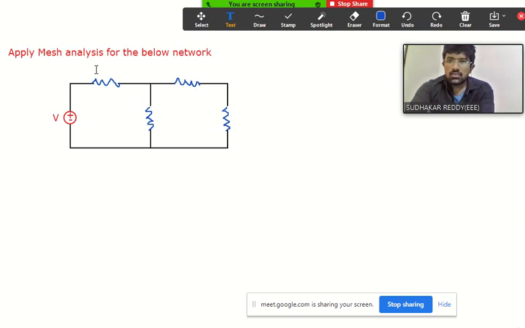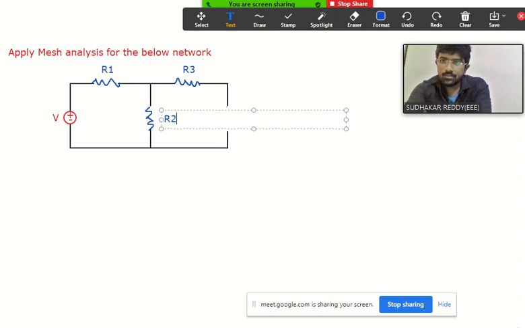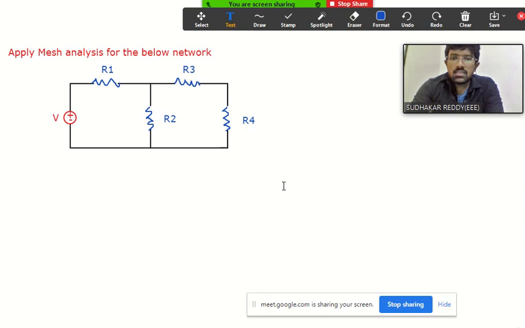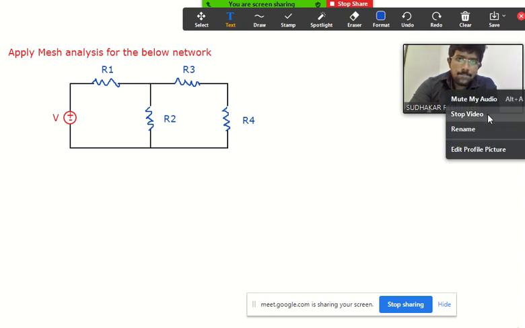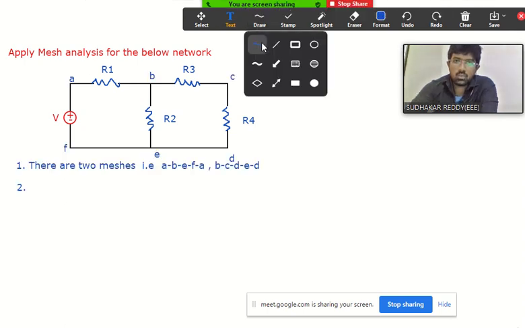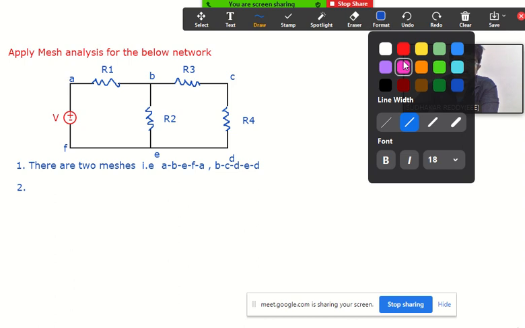So consider this resistance value as R1. This is R3. This is R2. And this is R4. Right. So now if you want to apply the mesh analysis for this, we need to assume the loop currents or mesh currents.